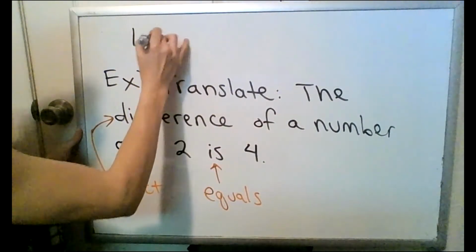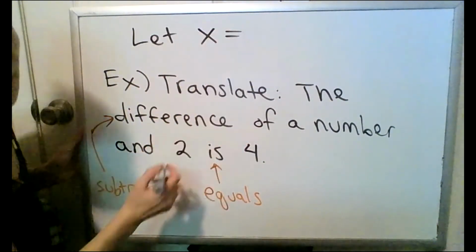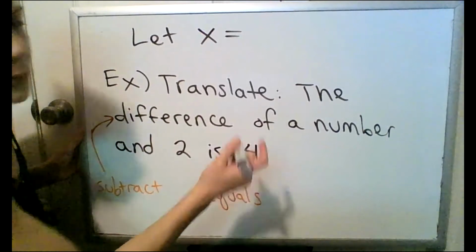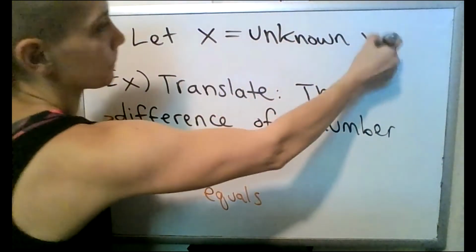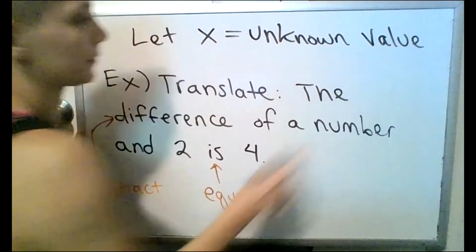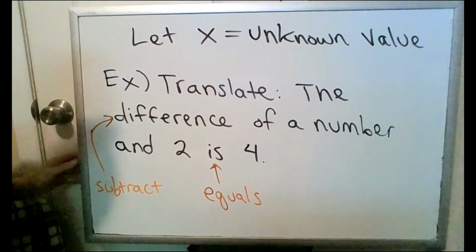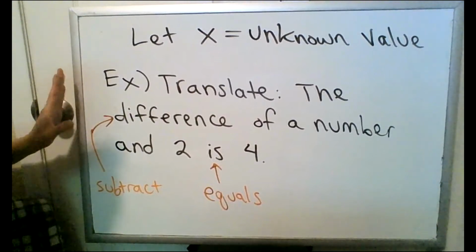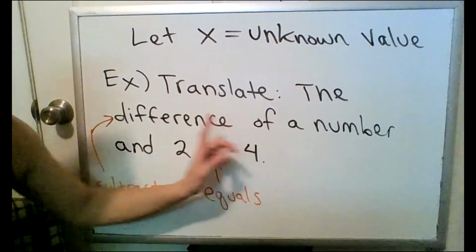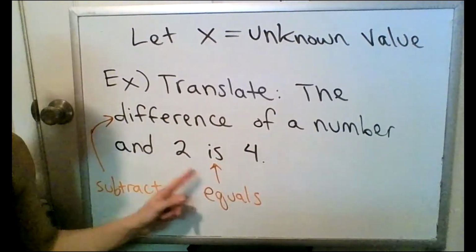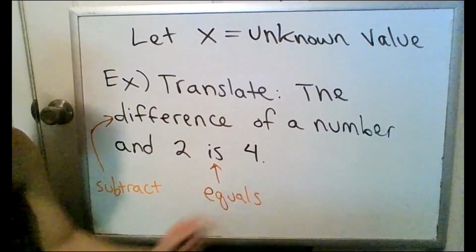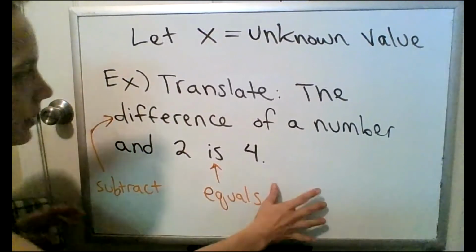Start with let x be that unknown value. So the difference, subtraction, between that number x and 2, and put it equal to 4. Let's do that over here.